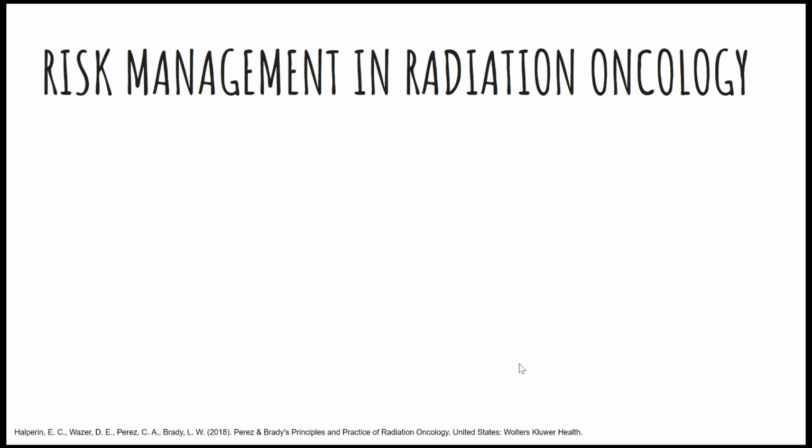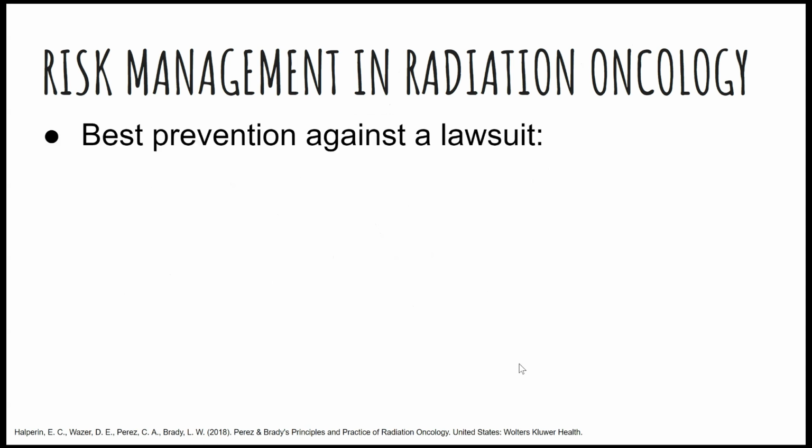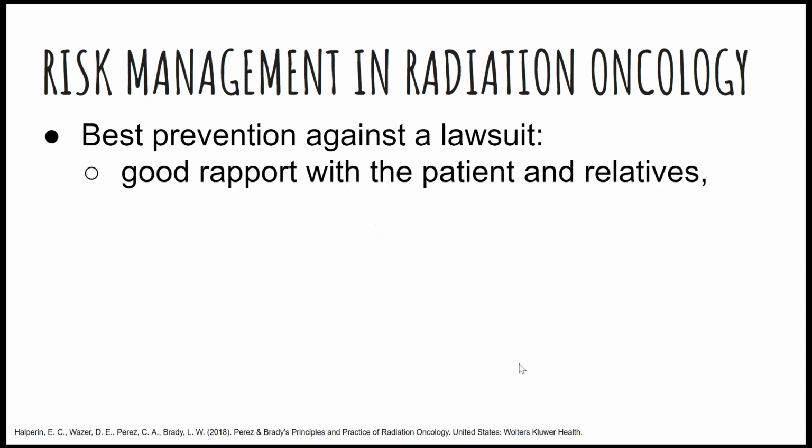So, how do you manage this risk? You will always run this risk. How will you manage it? The best prevention, good rapport. Have a good rapport with your patient and their relatives. See, the diagnosis of cancer is not just for the patient, it is actually for the family. It does not only change things for the patient, it changes things for the whole family.